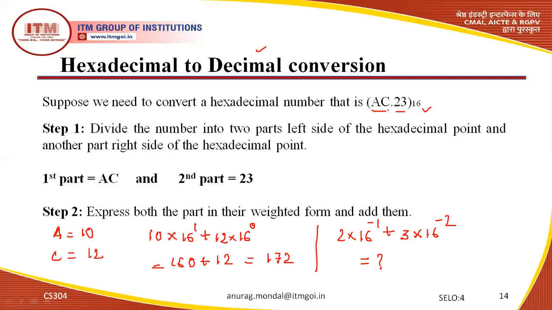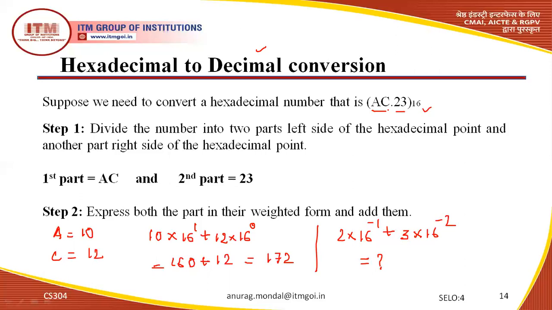So if I rewind all of this, from any number system, that is binary, octal and hexadecimal to decimal, all of them have the same rule. First, we divide the number into first part and second part.